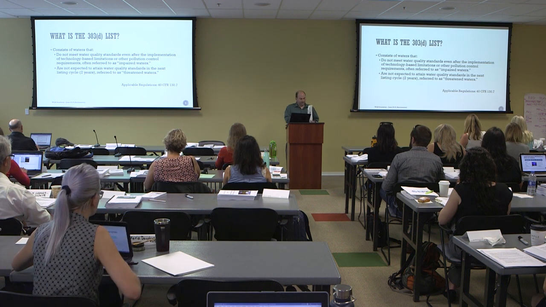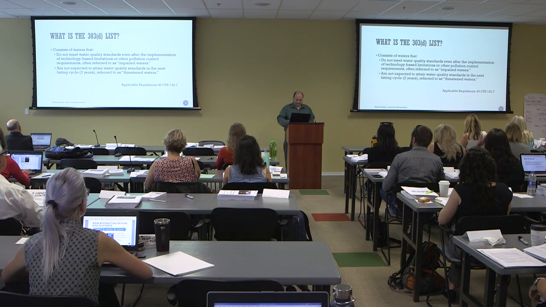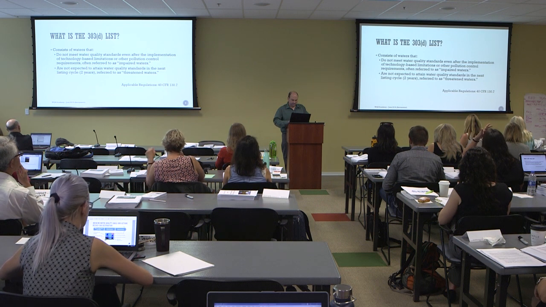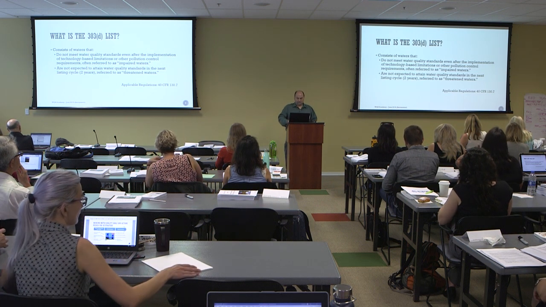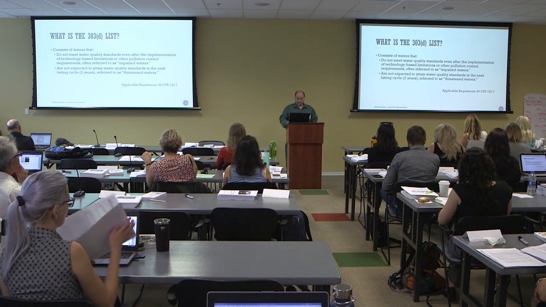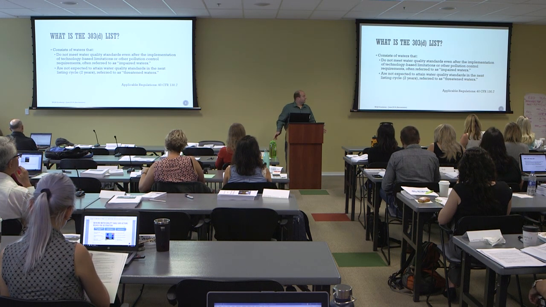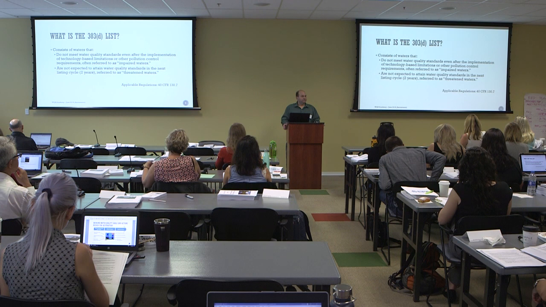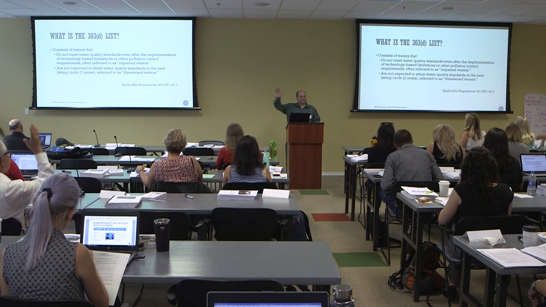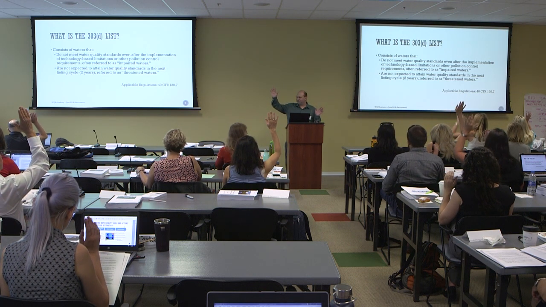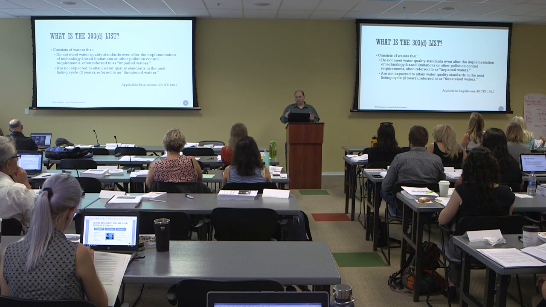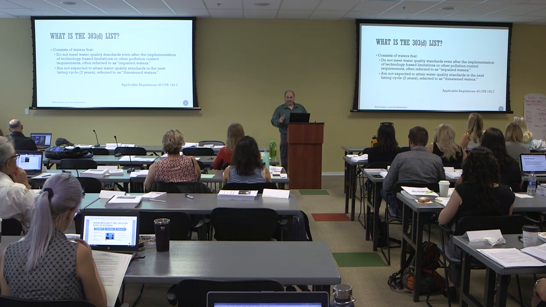So anyway, we'll jump right into what is the 303D list. So basically, how many people are roughly familiar with the 303D list? Just raise your hands. Okay, everybody, most people know, but we'll keep in mind those who might not.